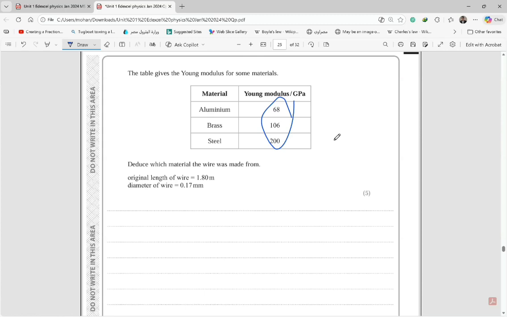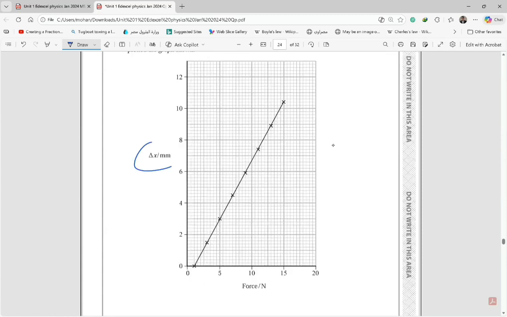It's very simple. You know that Young modulus equals stress over strain. The stress is F over A, over the strain, which is delta X over X. This means F times X over delta X times A. The gradient here equals delta X over force.